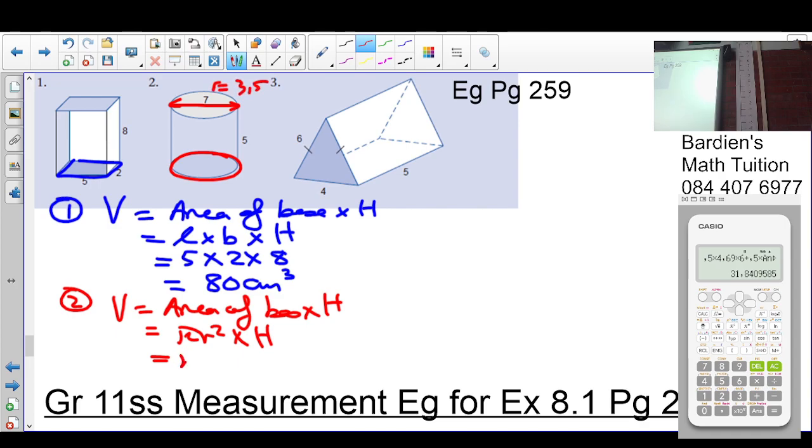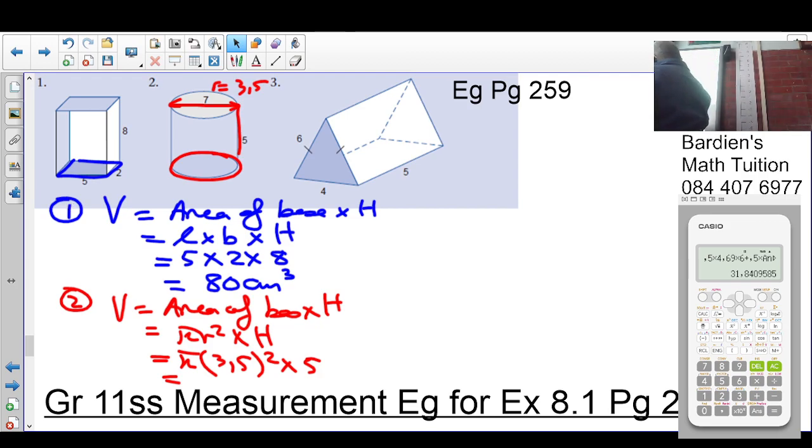So the volume is pi times the radius 3.5 squared times the height, which is 5. So that is simply going to be pi times 3.5 squared times 5.